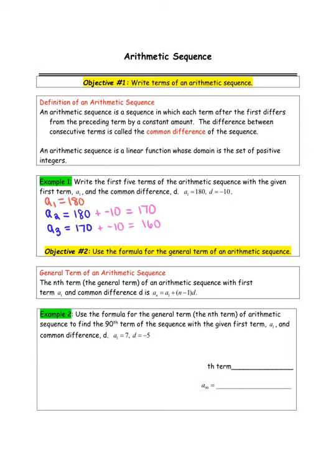A4 is equal to 160 plus our common difference of negative 10, which is 150. And a sub 5 is equal to 150 plus our common difference of negative 10 to give me 140.